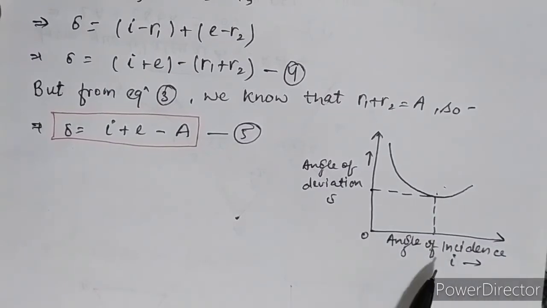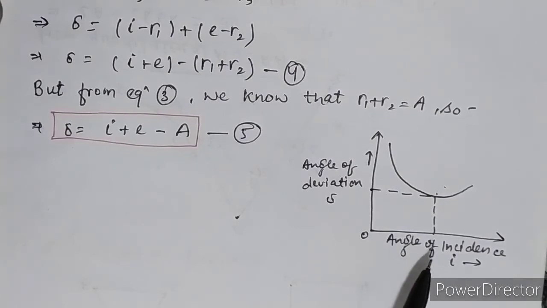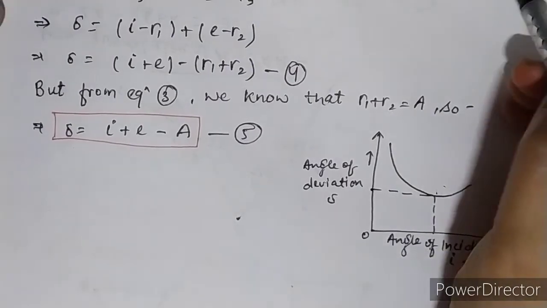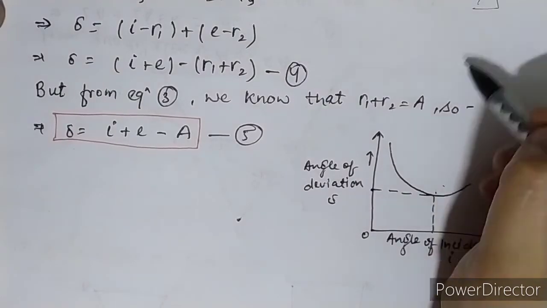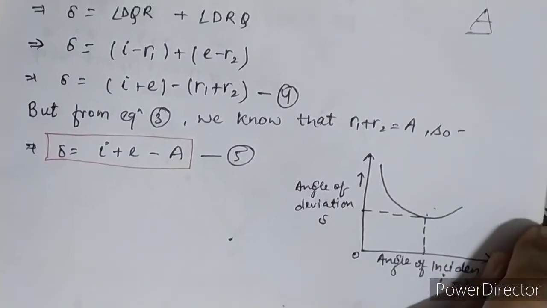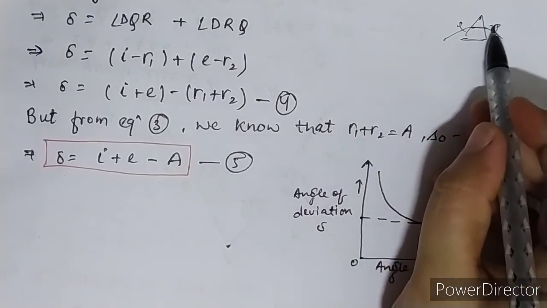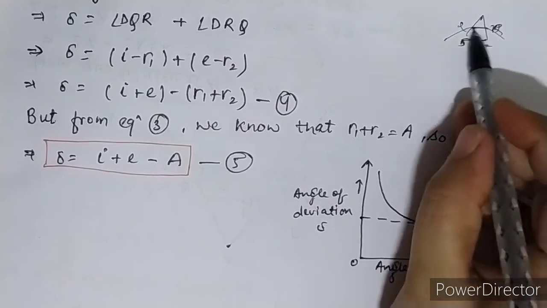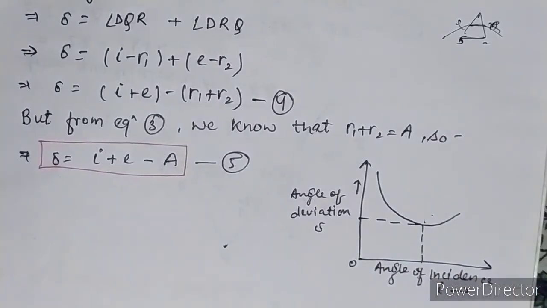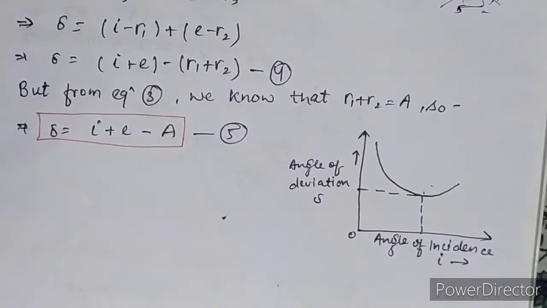And you know that the refracted ray QR is parallel to the base of the prism BC. This is your refracted ray QR, this is your base BC. So these are parallel to each other. So from geometry, angle I is equal to angle E.